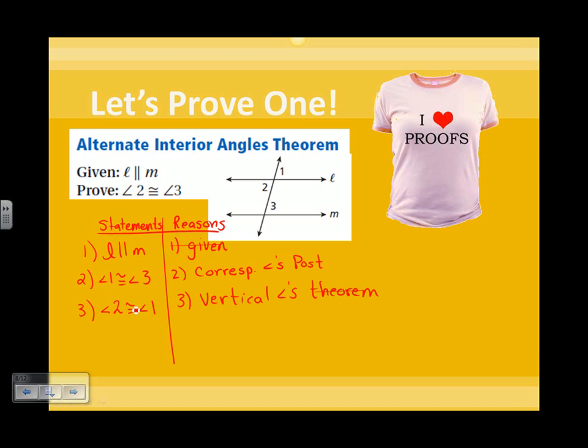So if 2 is congruent to 1 and 1 is congruent to 3, then lastly we can say that means angle 2 is congruent to angle 3, and that is by the transitive property of congruence. So we end up with saying if two lines are parallel and they're cut by a transversal, the alternate interior angles 2 and 3 are congruent.